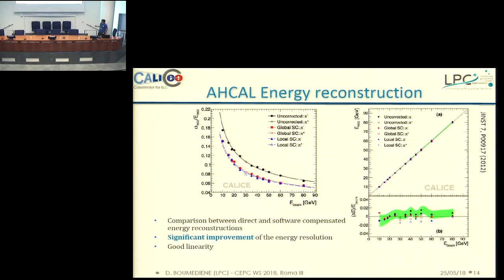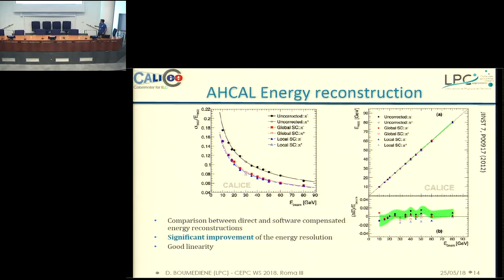This gain is quantified on this plot, where you see the energy resolution versus beam energy, in black without any correction, and here in red and blue using this software compensation. The linearity is good in any case, within 1 to 2%.